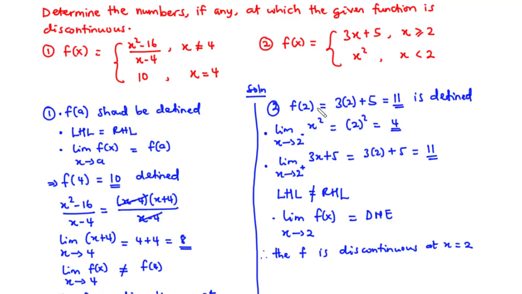So even though f of 2 is defined, since the general limit does not exist, it means that the function is discontinuous at x equals 2. So what type of discontinuity is this? Because the left hand limit is not equal to the right hand limit, and then the general limit of the function does not exist even though f of 2 is defined, it means that we have a jump discontinuity.